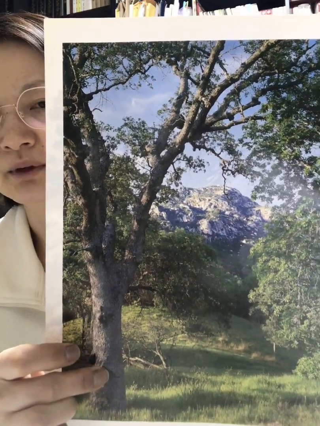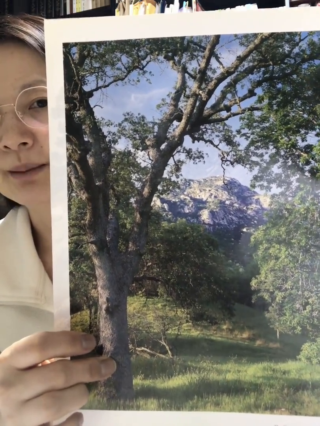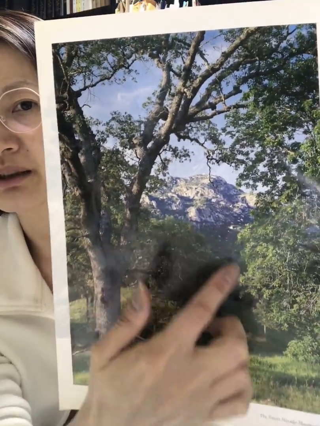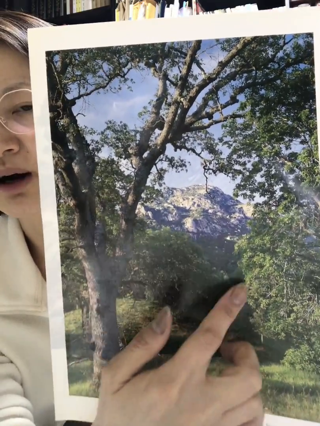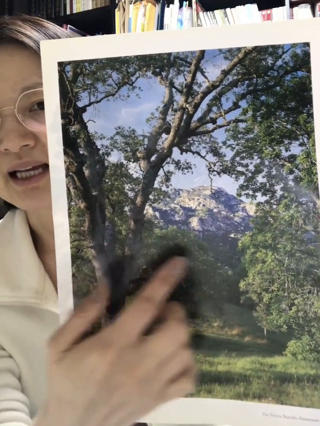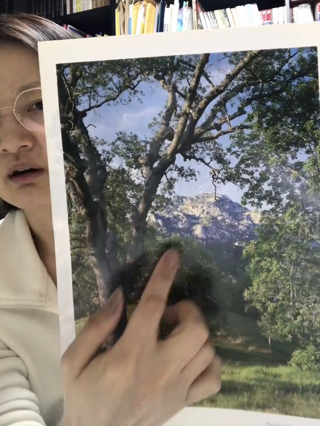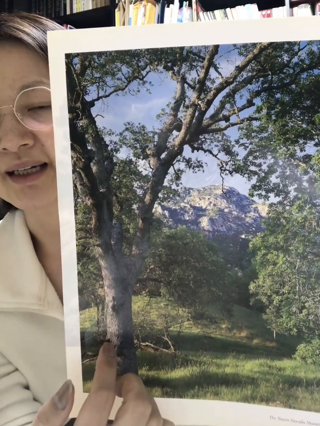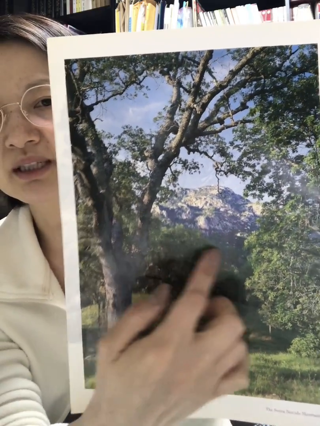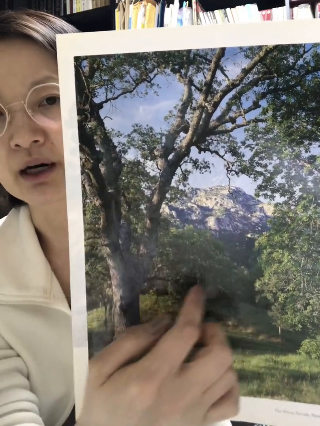It's here, right? Then you also see a little bit of small trees and shrubs, located almost behind this big tree, right? So that's a middle ground. And this one is nearest to you, very close to you.